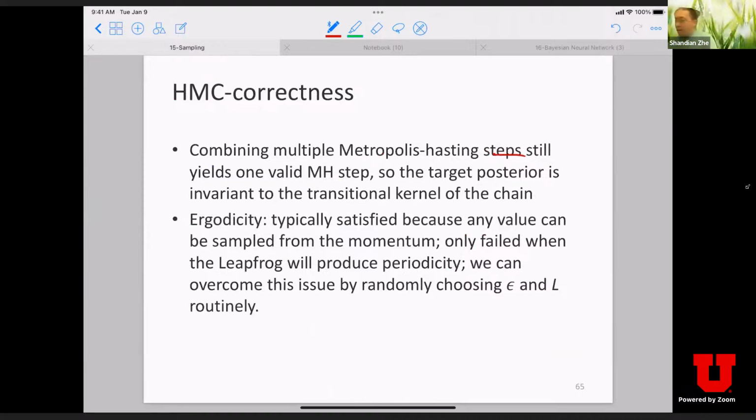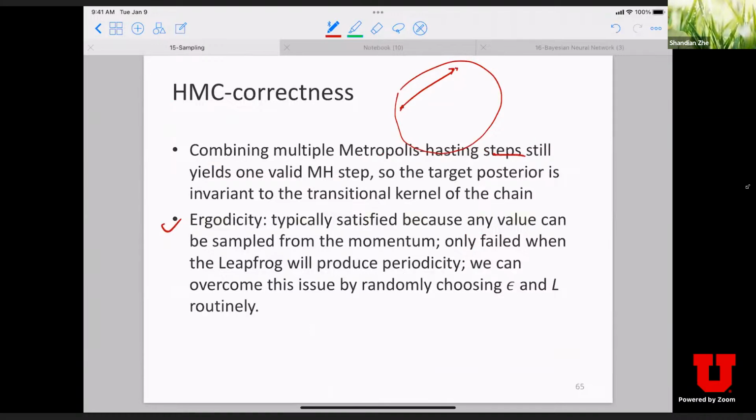The second thing is that, as we briefly discussed before, you need to be careful about ergodicity, meaning that when you run your Markov chain this way, you are still able to have non-zero probability to jump from any sample in the sample space to any sample in the whole space. This is called ergodicity.